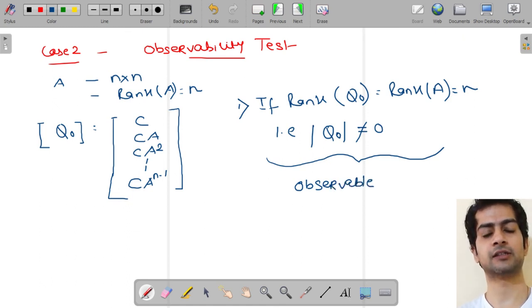And if these conditions are not satisfied, then we can say that it is not observable. So this method, I think most of you are familiar with.